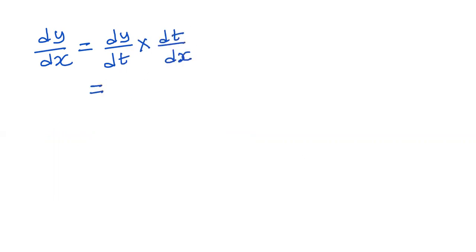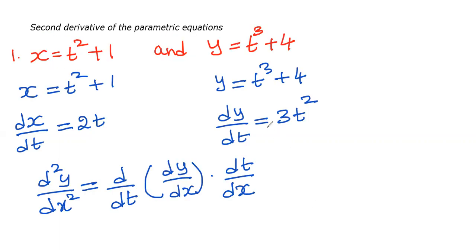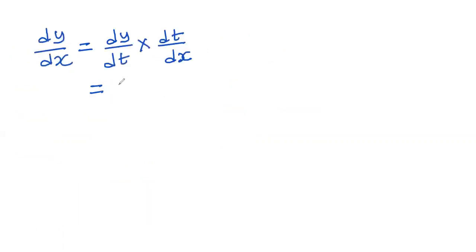dy over dx is the single derivative, which is going to be dy over dt times dt over dx. Now what we have over here, dy over dt is 3t squared, dx over dt is 2t. So this is going to be 3t squared over 2t, because dt over dx.